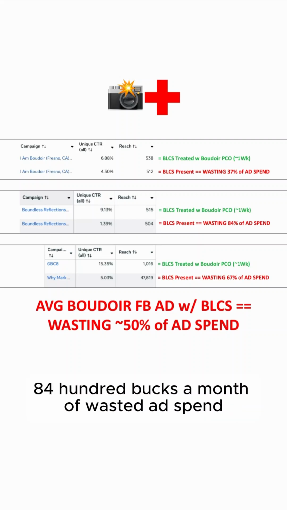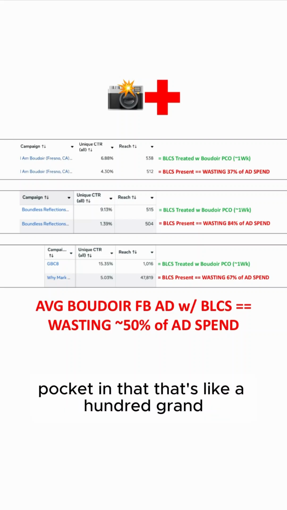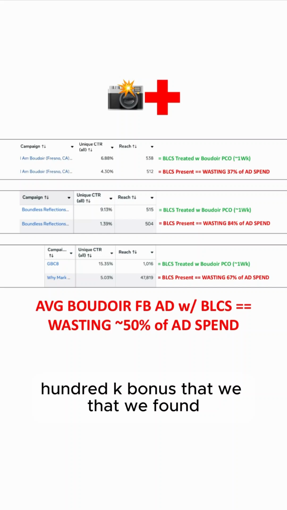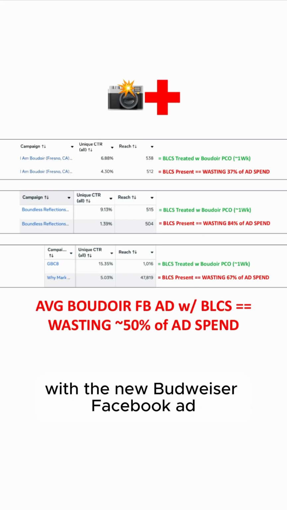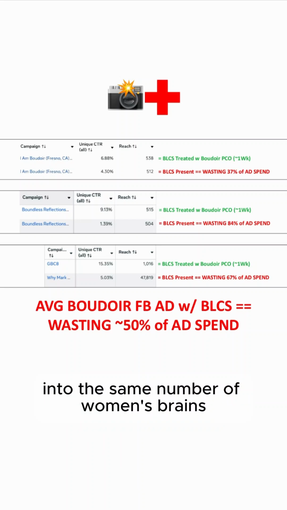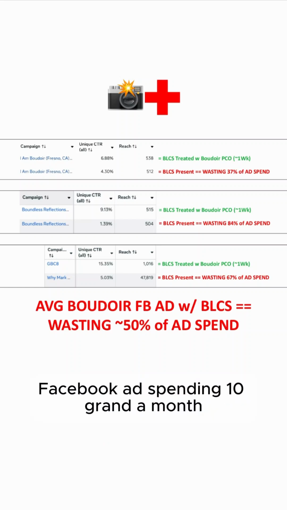Eliminating that 8,400 bucks a month of wasted ad spend and pocketing that. That's like a 100K bonus that we found by not wasting that money and spending 1,600 bucks a month with the new Boudoir Pico treated ad. We're getting our ad into the same number of women's brains as the original Boudoir Facebook ad spending 10 grand a month.